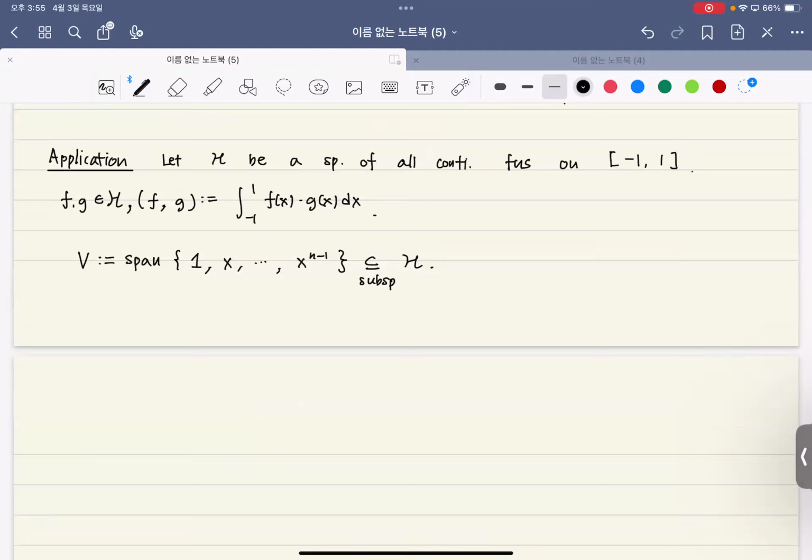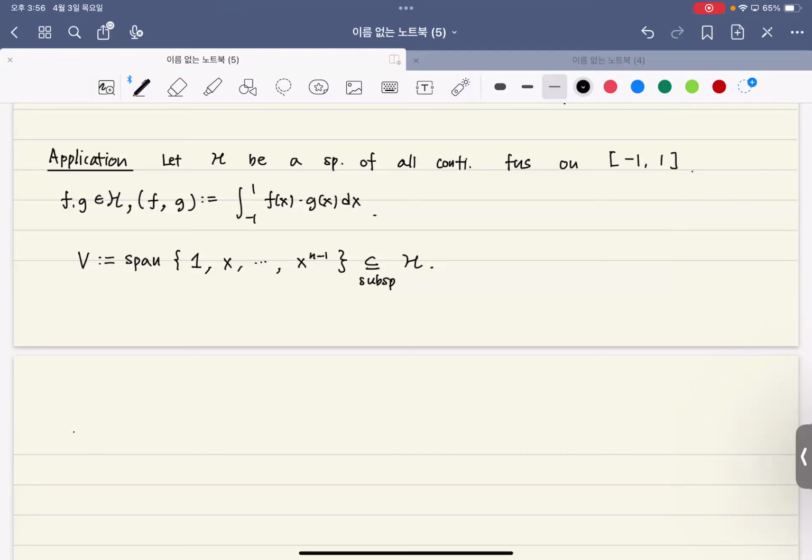Now what I want to do is very simple, but very similar to the previous application. For any chosen function or vector from this space H, I want to take a projection of that function onto this subspace.